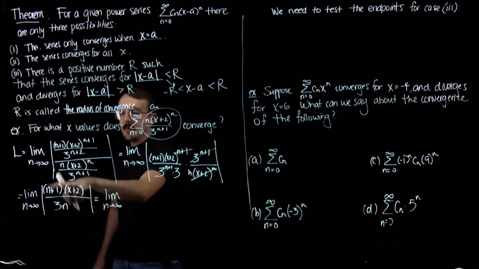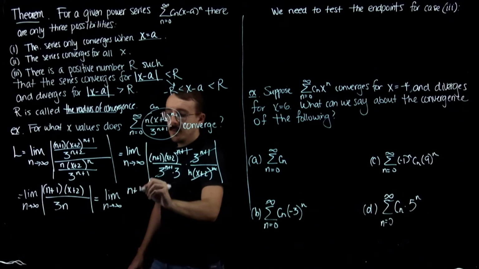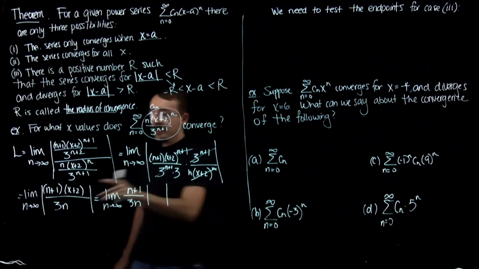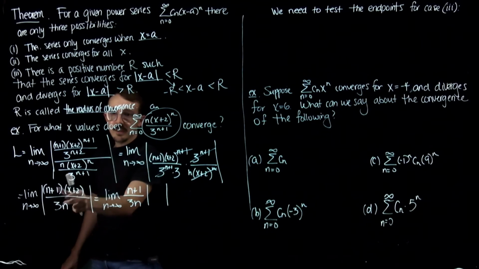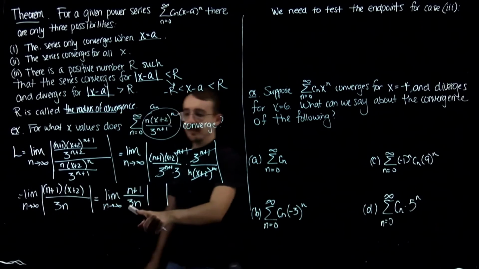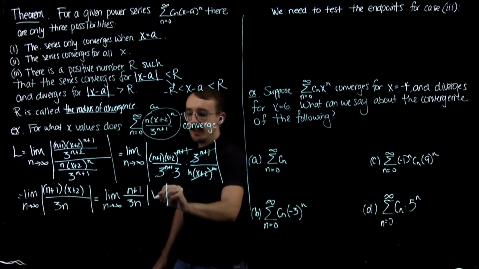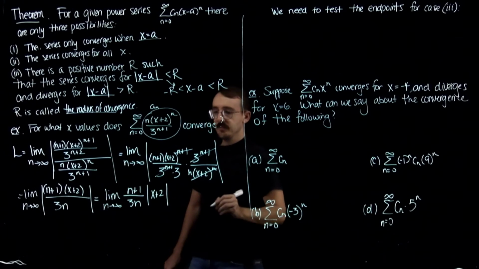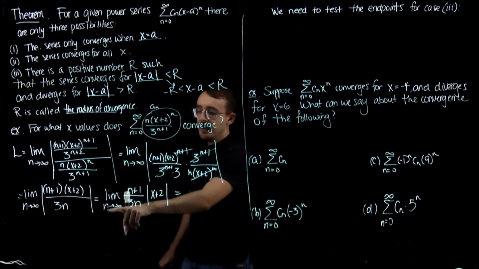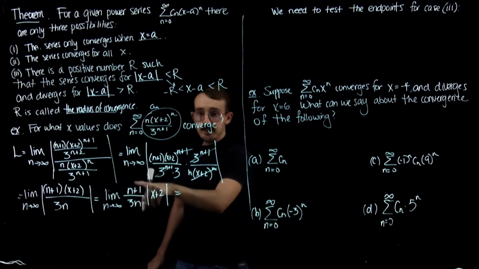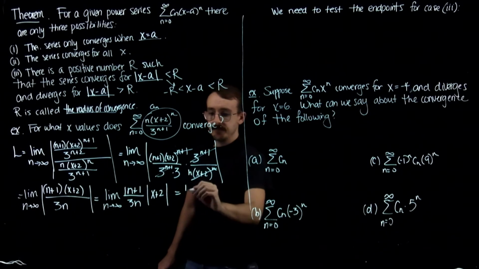So what I'm going to do is bring out the (n plus 1) over 3n, because I'm very certain that because n are positive numbers, n plus 1 and 3n are positive. So I can just bring that factor out of the absolute value, and I'm left with just x plus 2 in the absolute value. And now as we take the limit as n goes to infinity, this is the ratio of the leading coefficients. This is going to be 1 over 3.